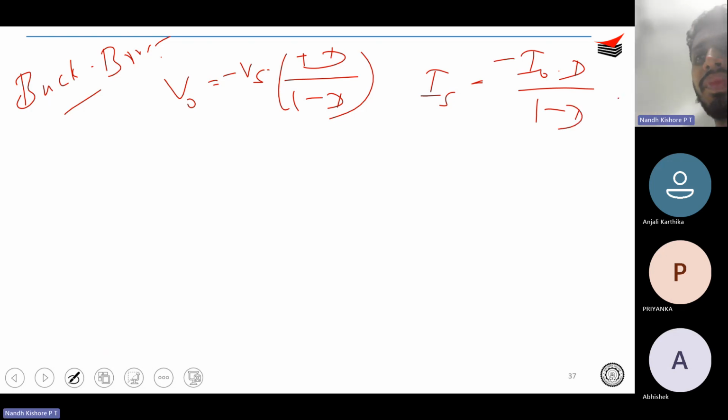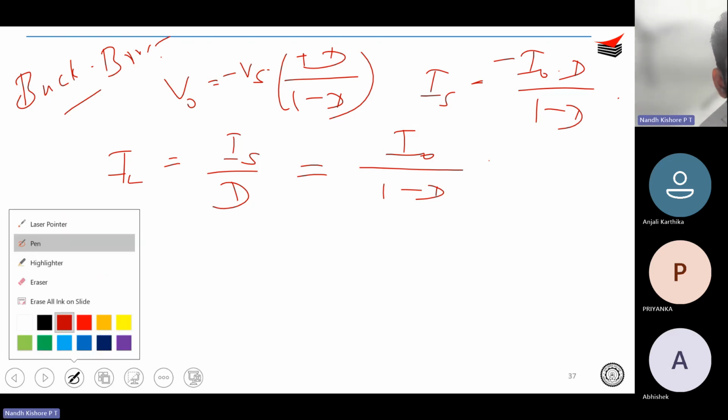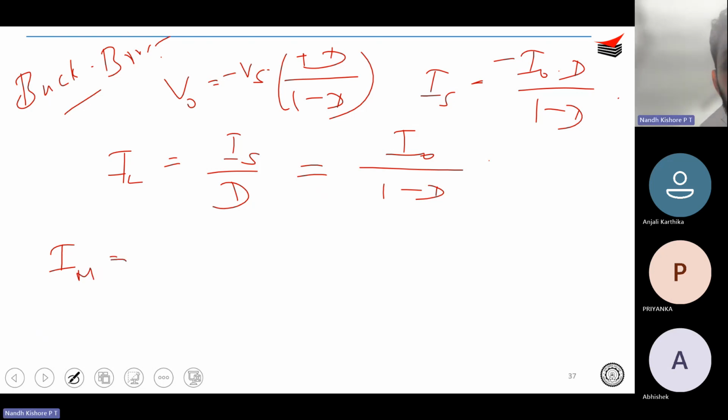Okay. So what is the average current through the inductor? The average current through the inductor will be Is by D or I naught by 1 minus D. Okay. And I switch average, or IM, will be D times IL.